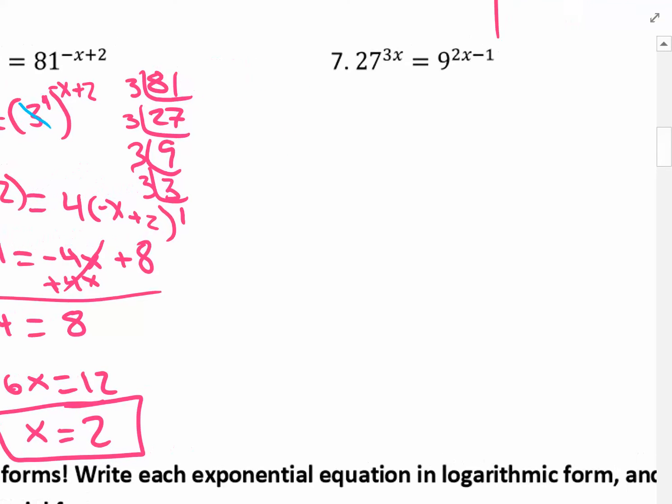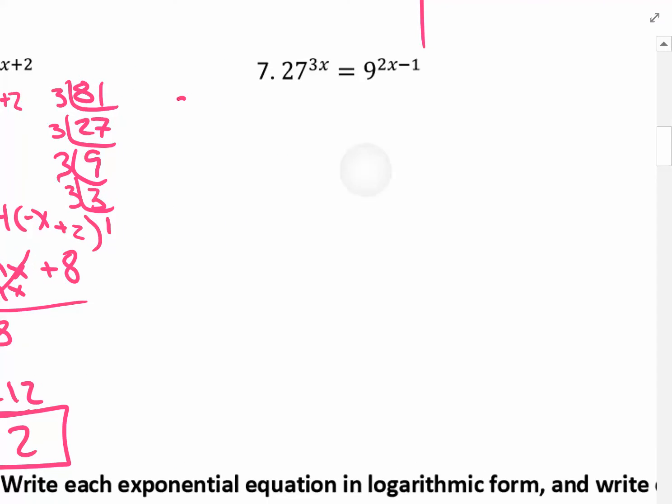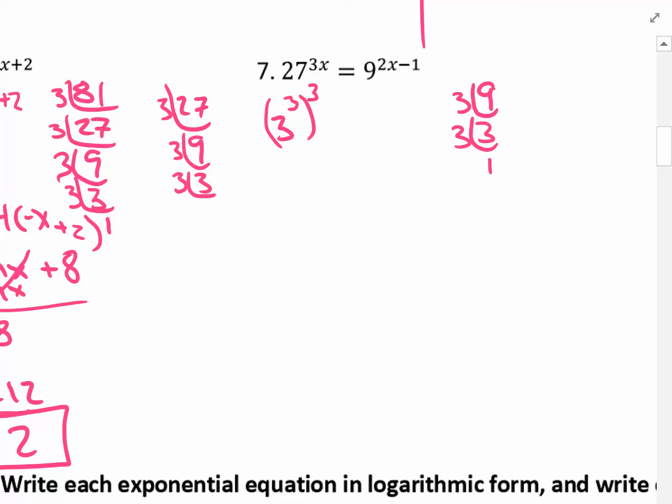So we start by hedging. Hedge 27. So we have 3 to the 3rd power, don't forget the exponent. 3 to the 2nd power, don't forget the exponent.